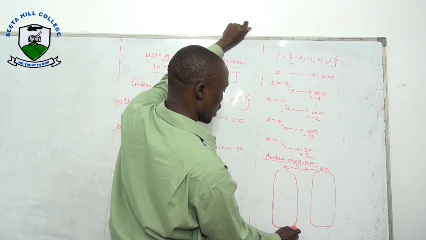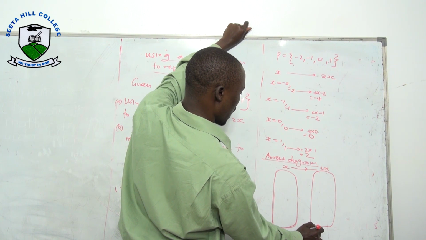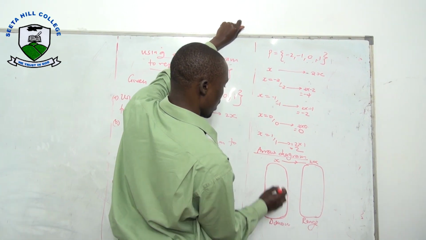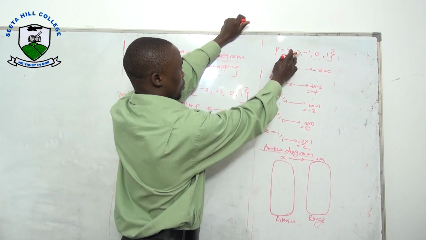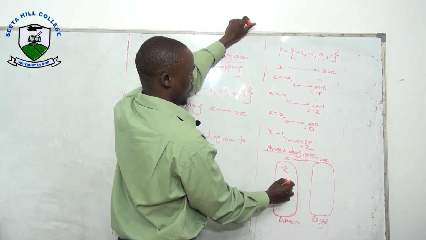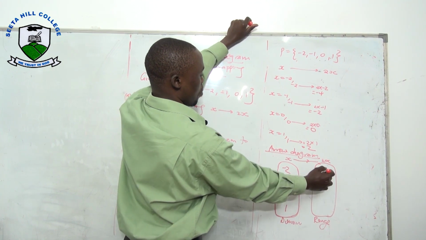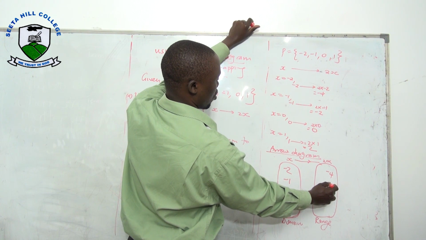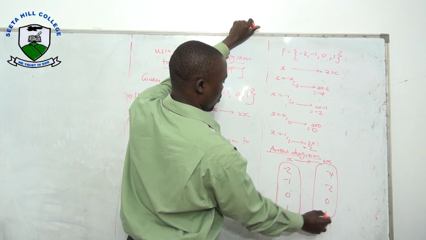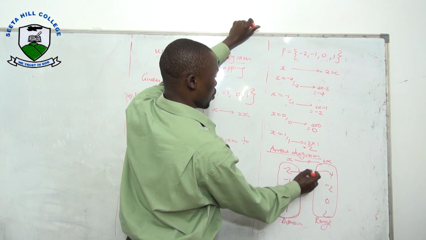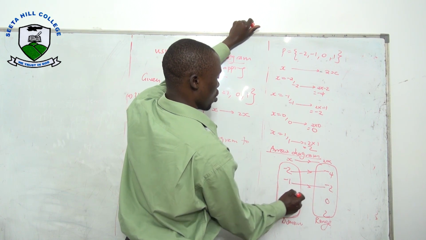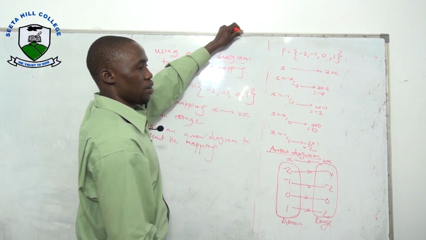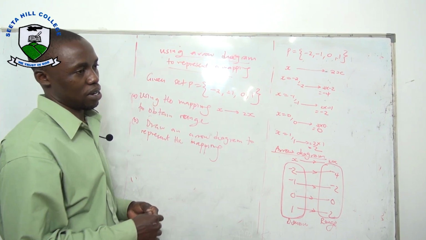These original elements are called the domain. These are called the range. What's my domain? Negative 2, negative 1, 0, 1. My range? Negative 4, negative 2, 0 and 2. This is mapped onto. You understand? Yes. That's the arrow diagram.